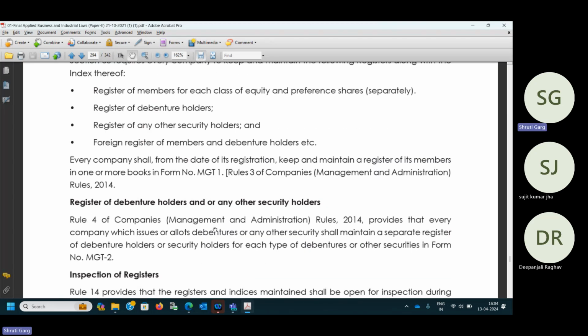Now, the register of debenture holders and any other security holders. Rule 4 of the Companies (Management and Administration) Rules, 2014 provides that every company which issues debentures or any other security shall maintain a separate register of debenture holders or security holders for each type of debenture or security in form number MGT-2.